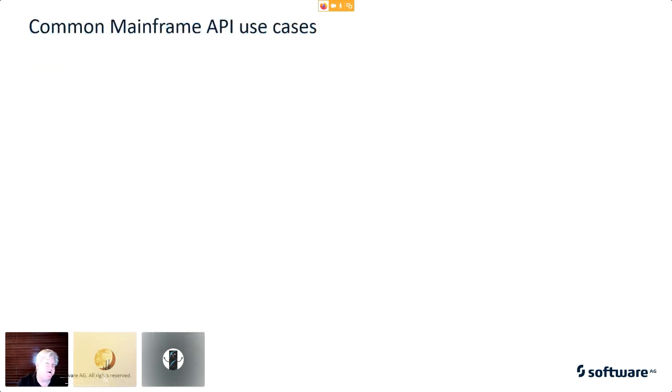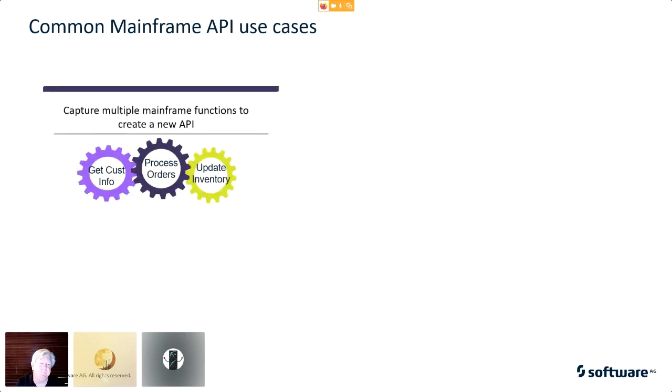So let's just talk about a couple of the common mainframe API use cases that we're seeing out there in the world today. Some things for y'all to think about. One of the challenges we hear about mainframe is it is siloed.